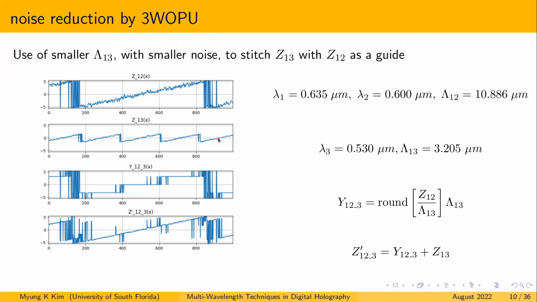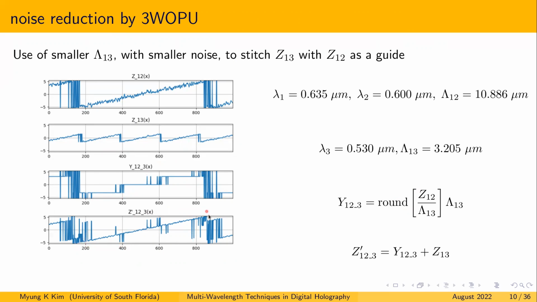more discontinuities, but this Z13 is stitched onto Z12 using Z12 as a guide. That is, we divide Z12 by integer multiple of λ13 like this, and we paste these segments on top of this to obtain this Z'13.